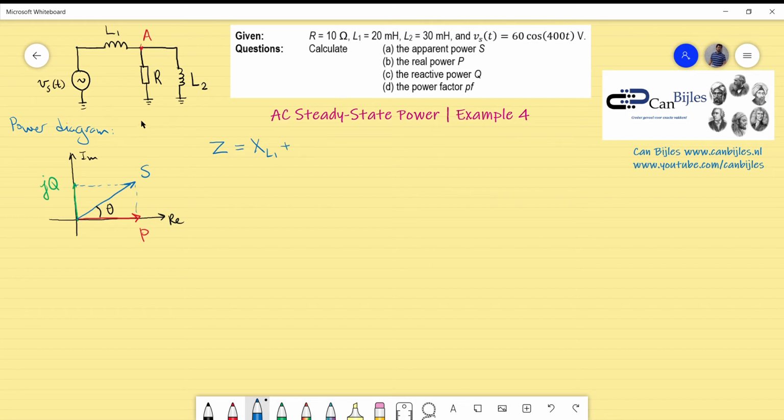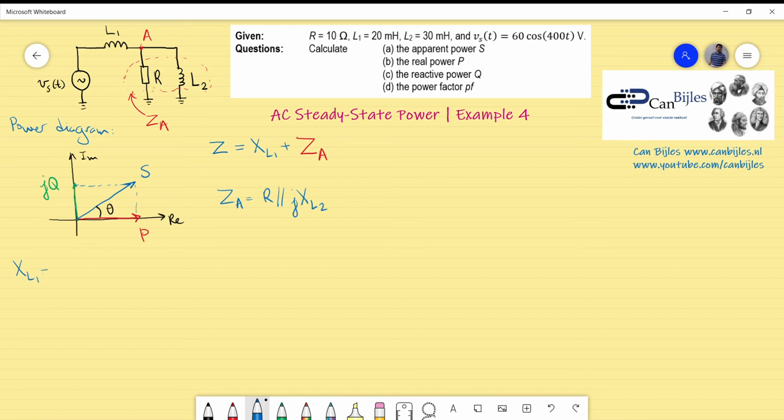So I will reduce this to one impedance, ZA. I will make this in red. This is actually what I need to calculate. What is ZA? ZA is the parallel combination of R and XL2. So I need XL1 and XL2, as you can see from these expressions. So let's calculate that here.